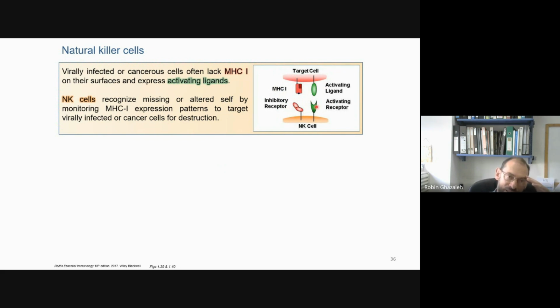But the other one is the specific recognition of the activating ligands, which are produced by infected or malignant target cells. So now we're going to start looking at the natural killer cell and how it goes about killing the target cell.